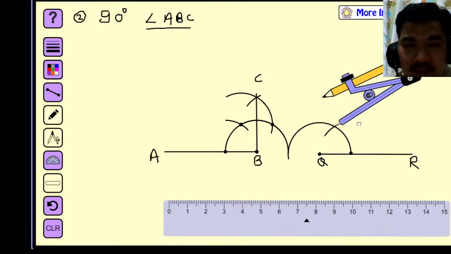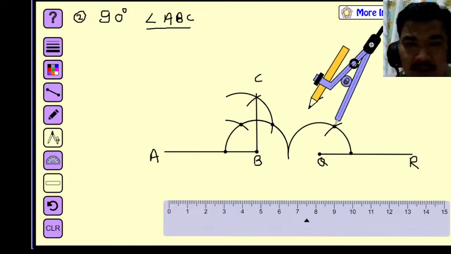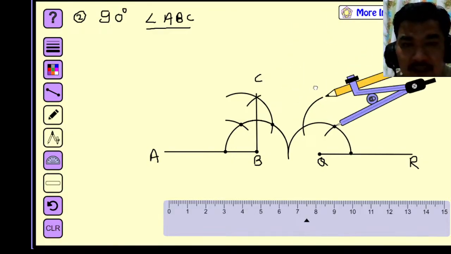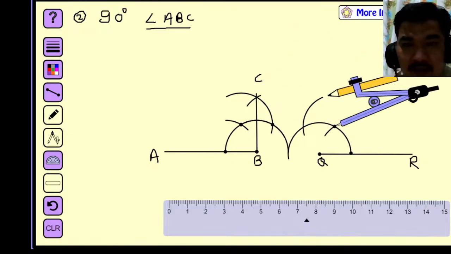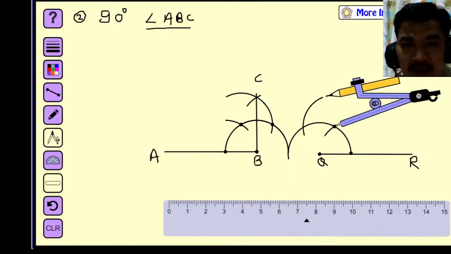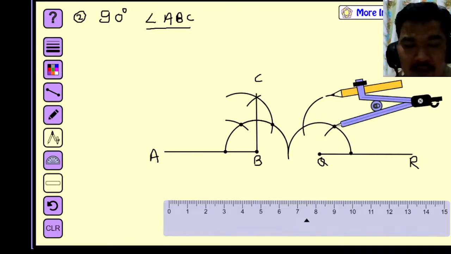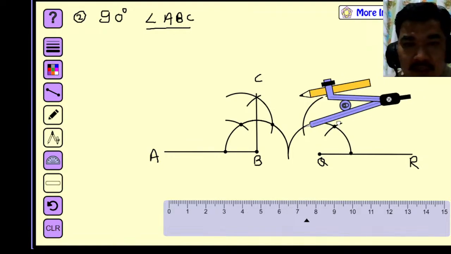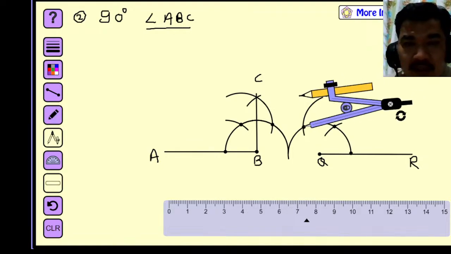Now put the compass at 60 and cut this main arc at another point. This is 120, right, and cut this arc here up from 60, and then put the compass at 120 degree and cut like this, okay.